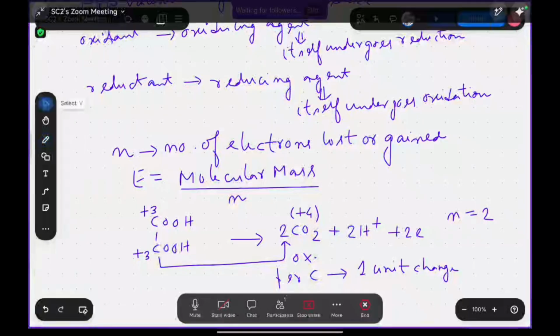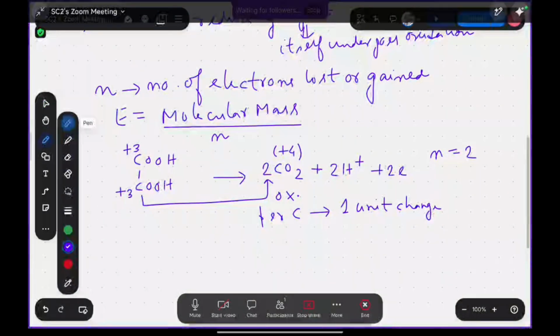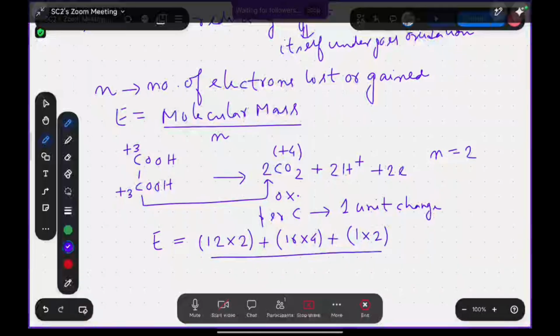So if you are asked to calculate the equivalent weight of oxalic acid, how will you do it? Let's calculate the molecular mass first: 12 into 2, because we have 2 carbons, plus oxygen, we have 4 oxygen atoms, so 16 into 4, plus we have 2 hydrogens, so 1 into 2, divided by 2.